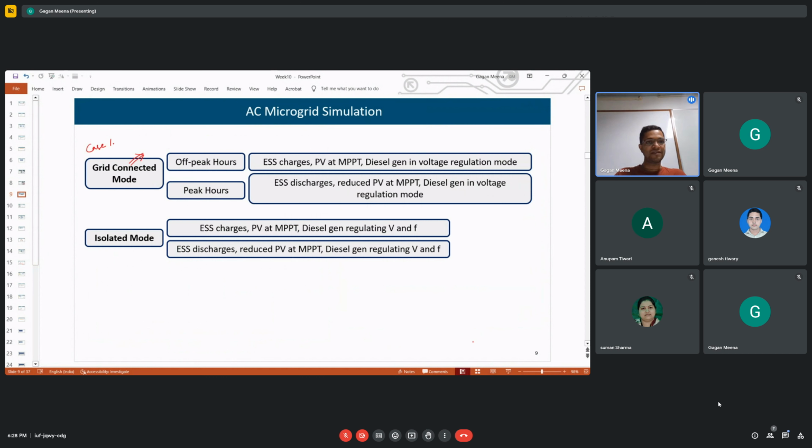One is the common current, and another is this interactive current. This one is responsible for feeding power into the grid, and this one has another name, circulating current. It is flowing in between both the inverters, and it's a high frequency current.